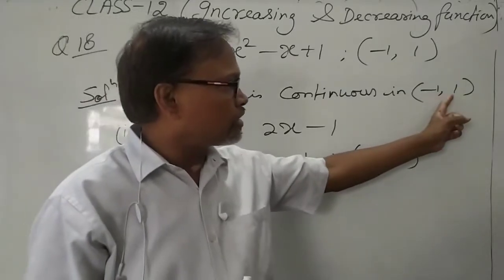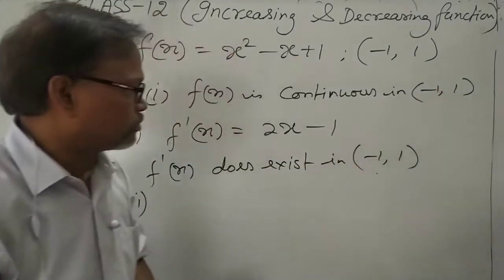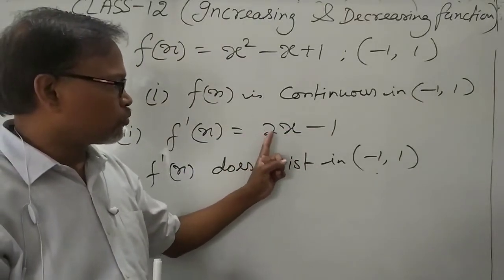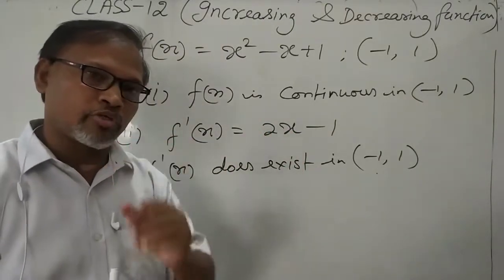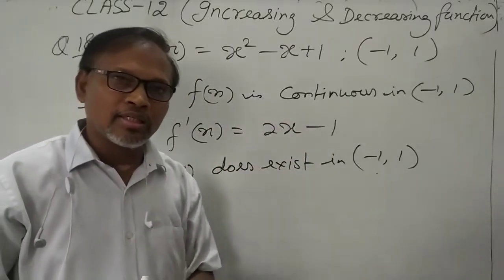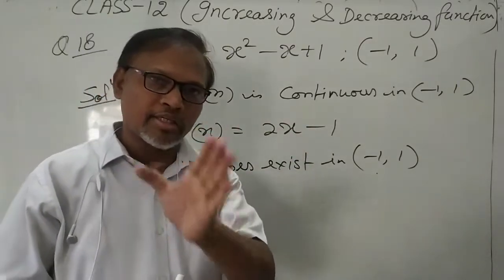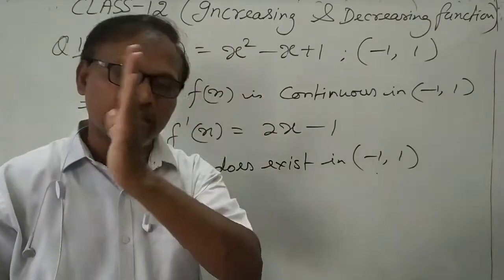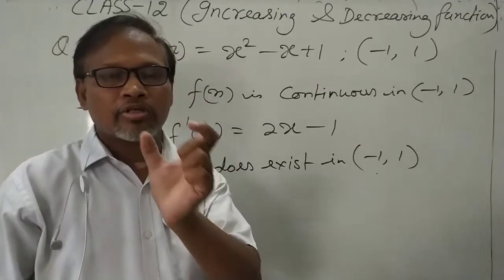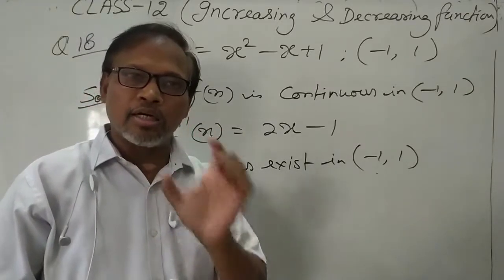But if you put 0.6, then 2 into 0.6 is 1.2, and 1.2 minus 1 is a positive number. Means in the given domain this is giving a negative number as well as a positive number. Therefore we cannot say this is increasing or decreasing.